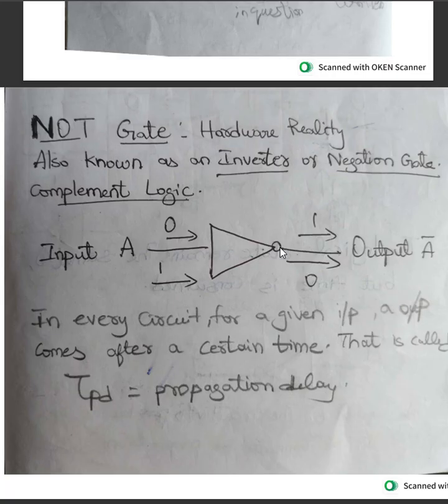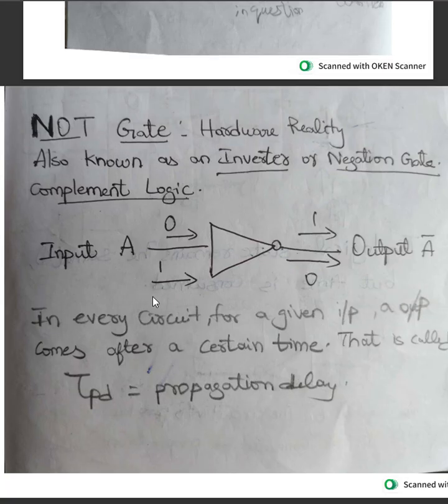Here you need to understand one thing. In every circuit, for a given input, an output comes after a certain time. That is called t_pd, which is propagation delay. Propagation delay is the time delay that happens between getting an input and producing the output.